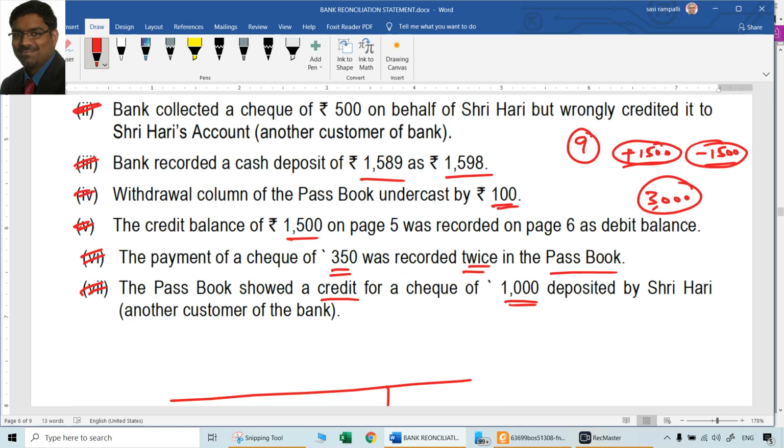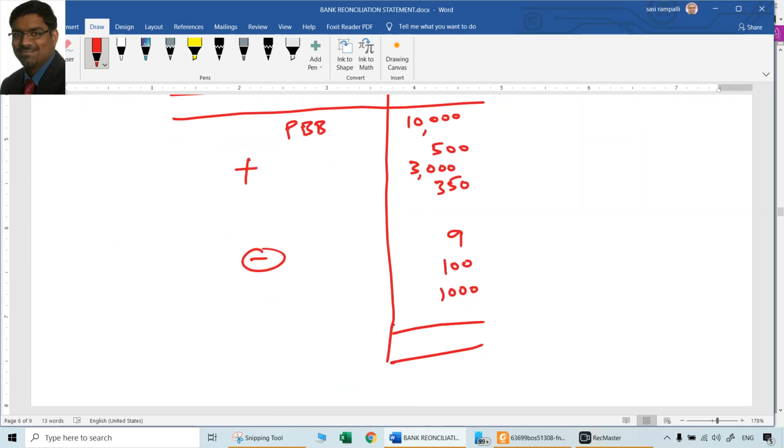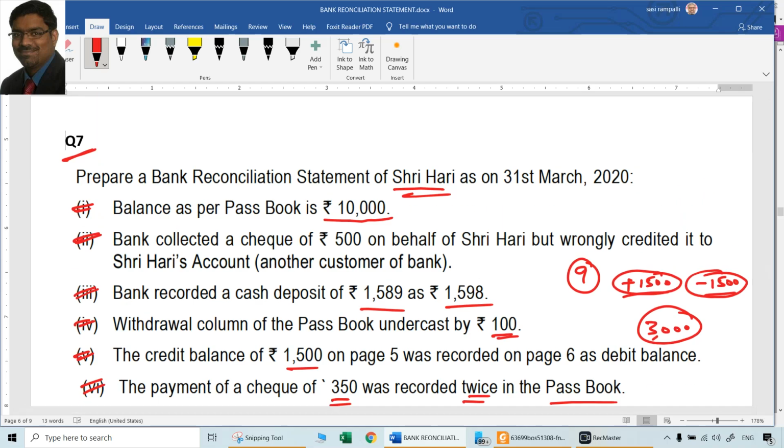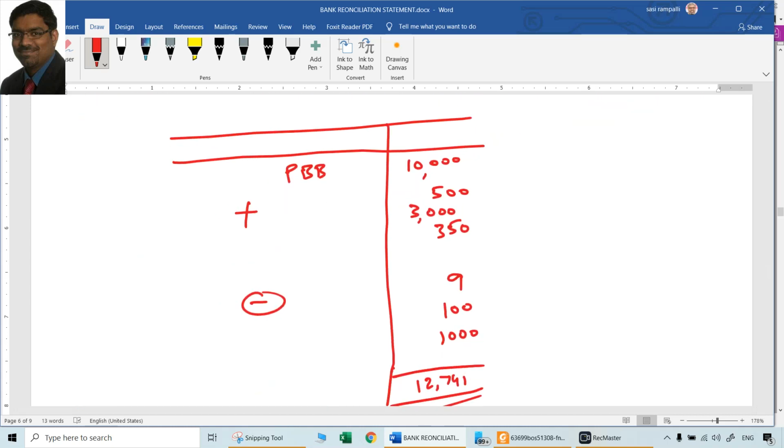So all that we need to do is find out the correct balance. That is 10,000 plus 500 plus 3,000 plus 350 minus 9 minus 100 minus 1000. So the correct balance should have been 12,741. Here we did not make any mistakes. There are no other delays etc. Everything is fine.